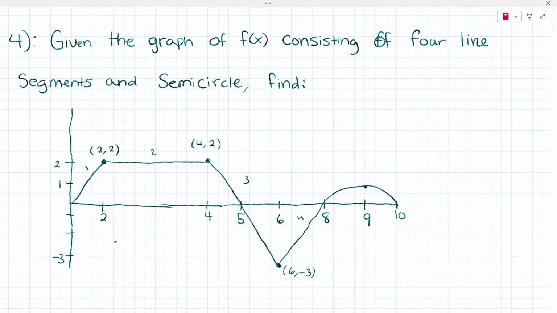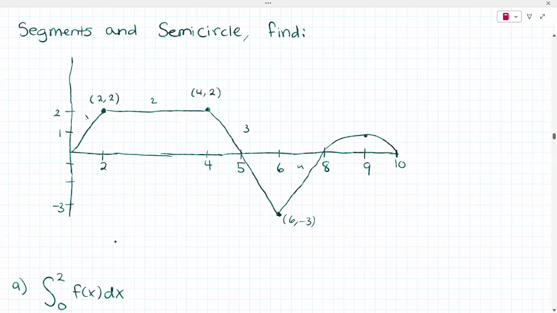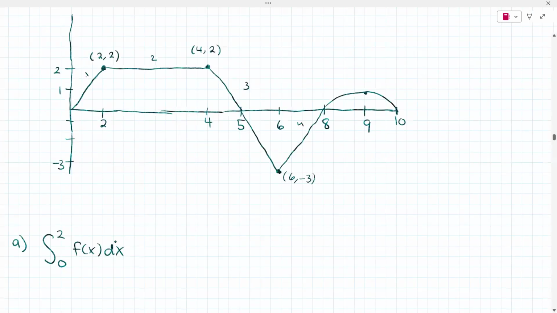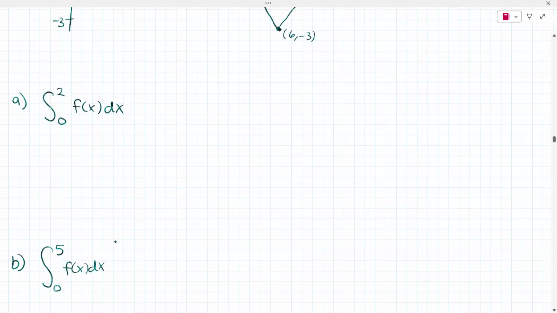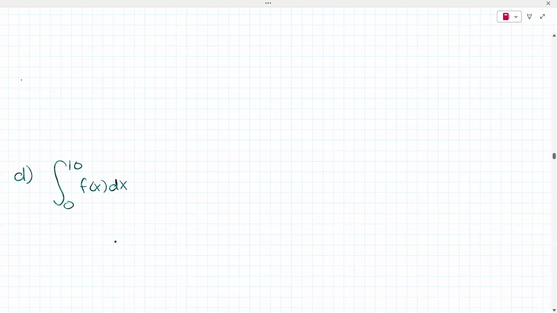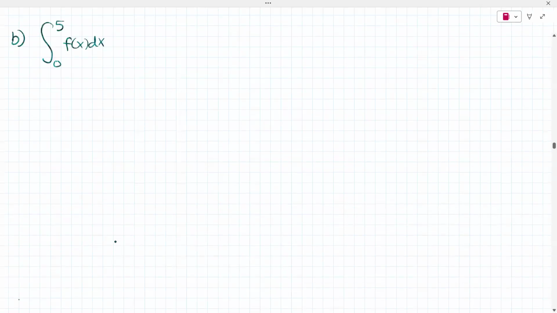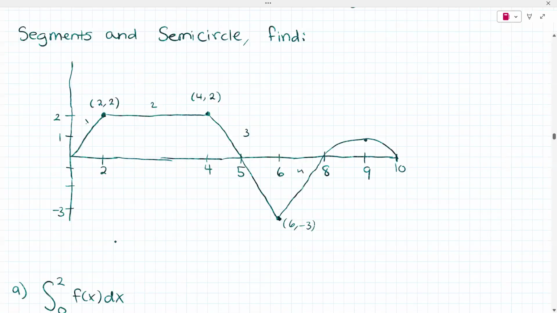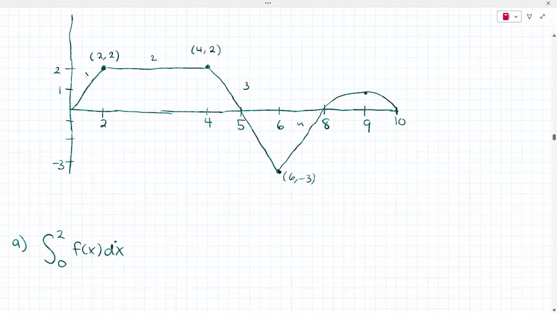So we've got to find the integration of f of x dx from 0 to 5, and 0 to 8, and then 0 to 10. So how do we do this when we're given a graph? They don't give us actual values, we have to find it.